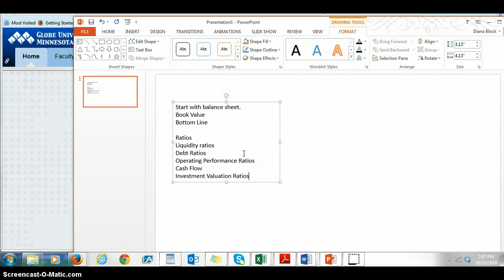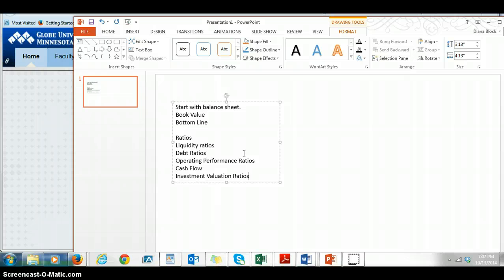So these are things like the price book ratio, price earnings ratio, price to sales ratio, just depending on which one you think is the most important in this particular case. But what you're doing is looking at the price and comparing it to something else. What is the price compared to the book value? What is the price compared to earnings? What is the price compared to earnings growth?